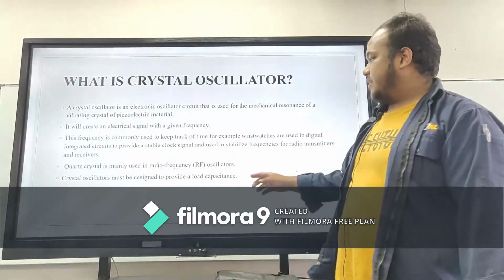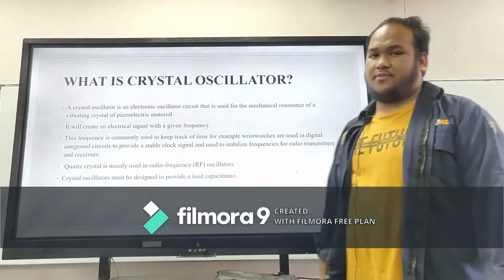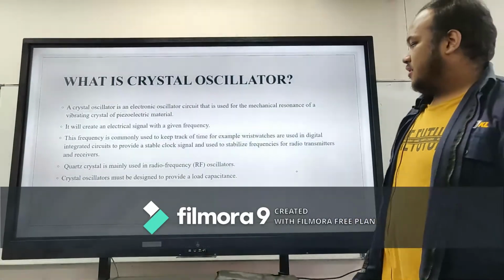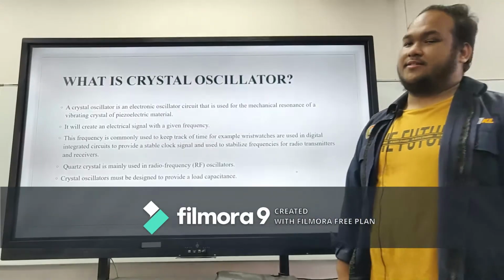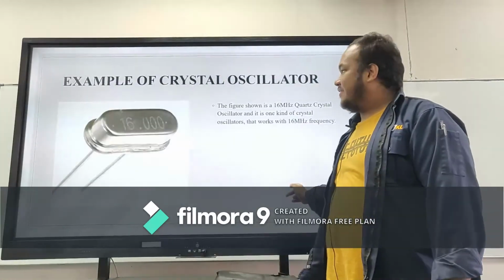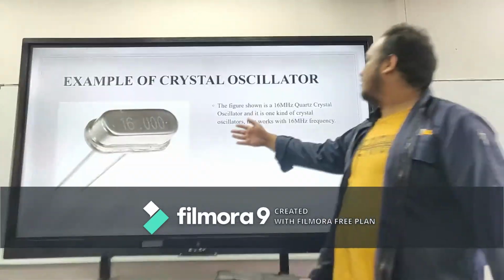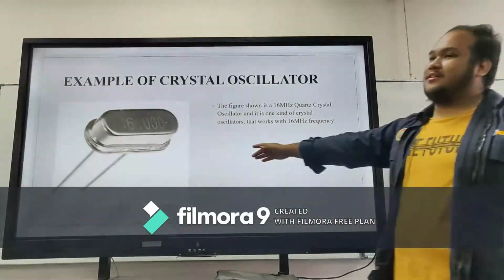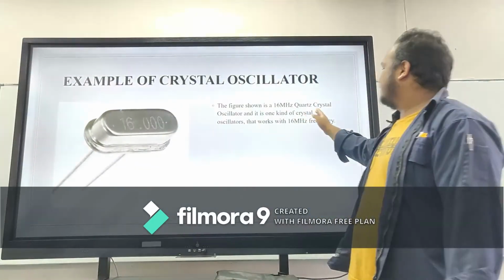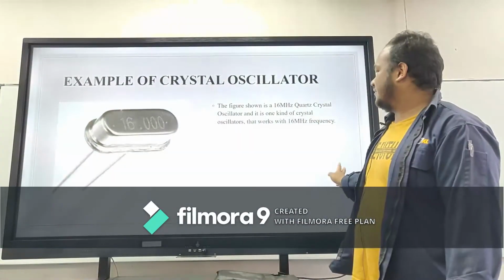Quartz crystal is mainly used in radio frequency, or RF, oscillators. A crystal oscillator must be designed to provide a load capacitance. Next, this is an example of a crystal oscillator. The figure shows a 16 MHz quartz crystal oscillator.